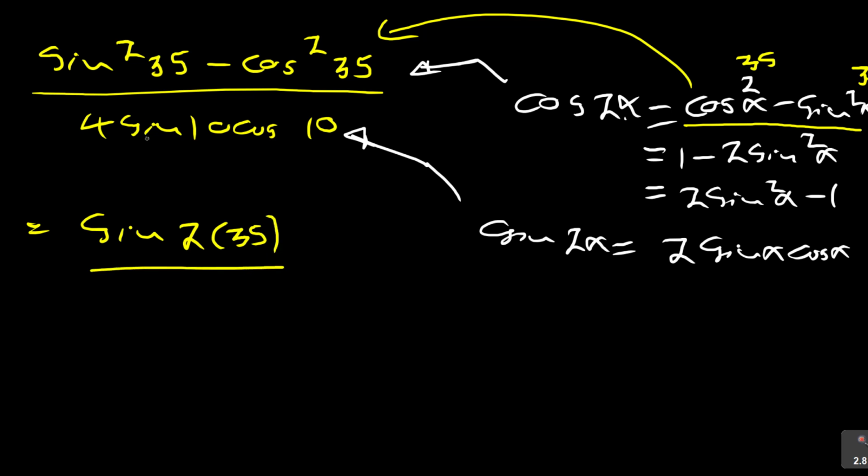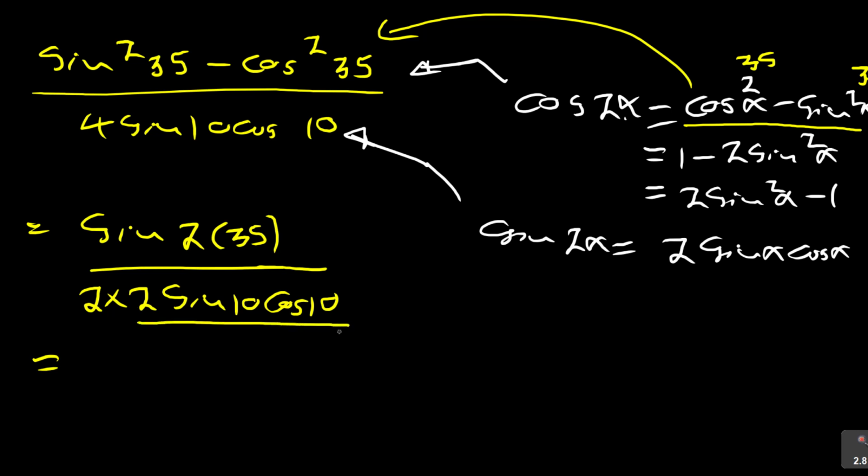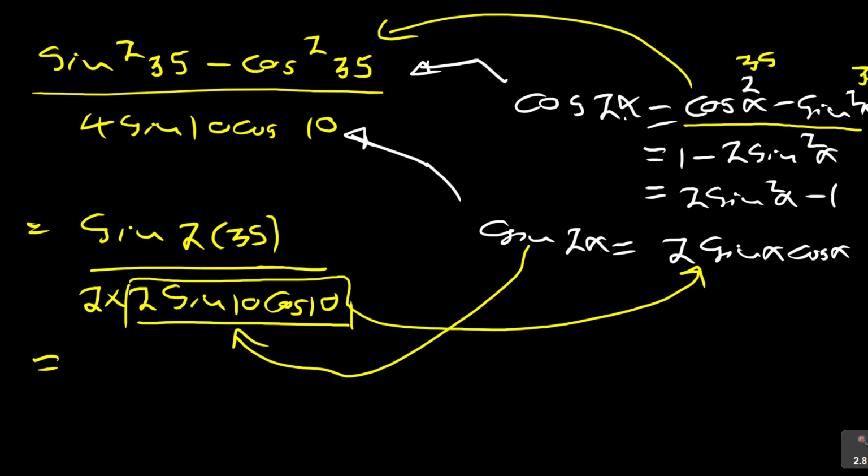Over, now how do you write this guy? This 4 is the same as saying 2 times 2 sine 10 cos 10. See what I'm doing? Why am I doing the 2? So that these 2 here will match that one, and that one will come here to become sine 2 alpha.